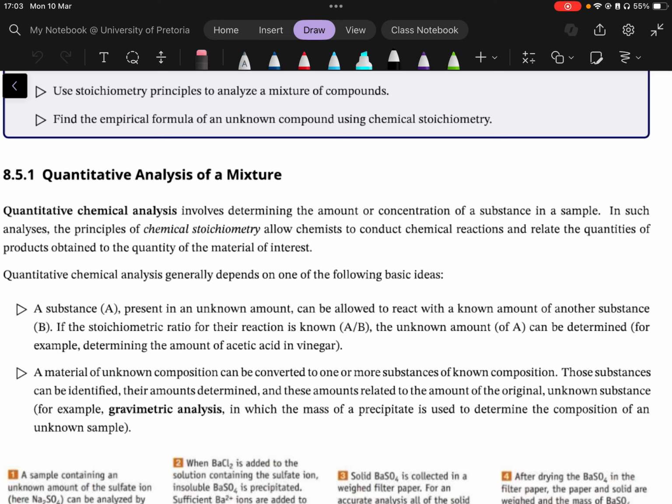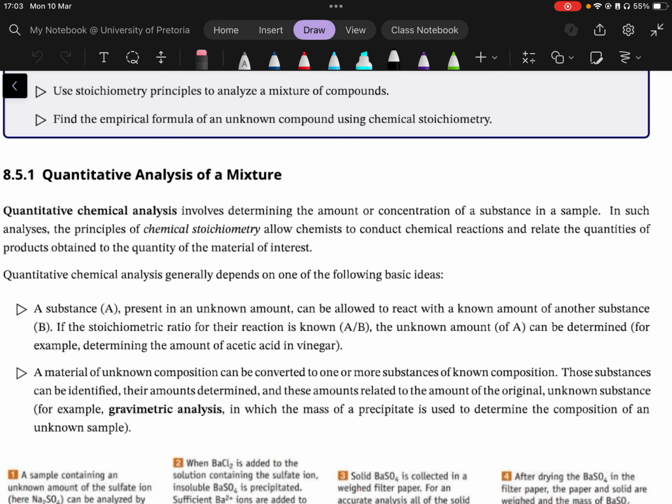But the basic idea here is you have some kind of unknown that you want to determine. So you want to determine how much of some substance is present in an unknown amount, or maybe there's some impurity in a substance that you want to determine. And you can determine that from your mole ratios or your reaction equations.